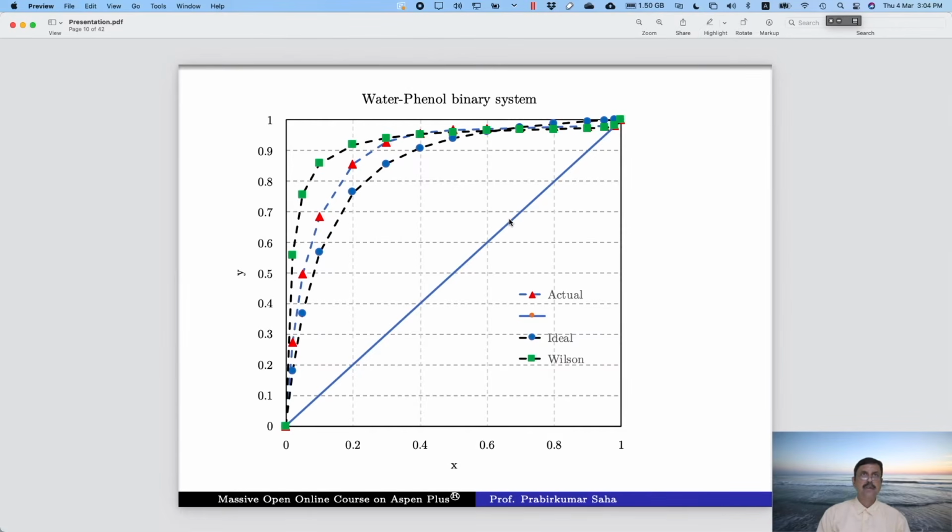So it's a non-ideal solution. We can certainly say that the water-phenol binary system is a non-ideal binary system. Definitely, because water is a polar compound. It's not non-polar. So because it's a polar compound, there will be some intermolecular interaction.